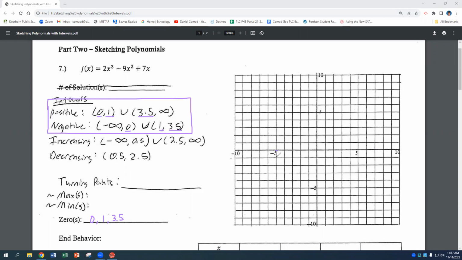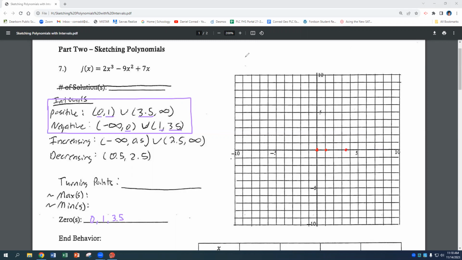You're crossing the x-axis to get from the bottom to the top, or from the top to the bottom. So whenever you go from positive to negative, you have to cross through the x-axis. I'm going to put those points here at 0, 1, and 3.5.